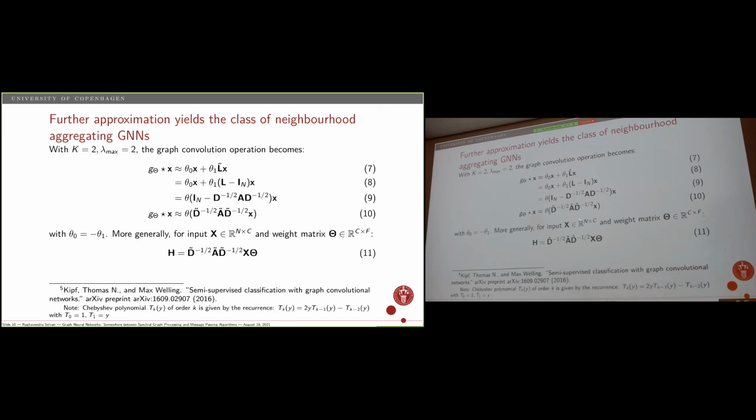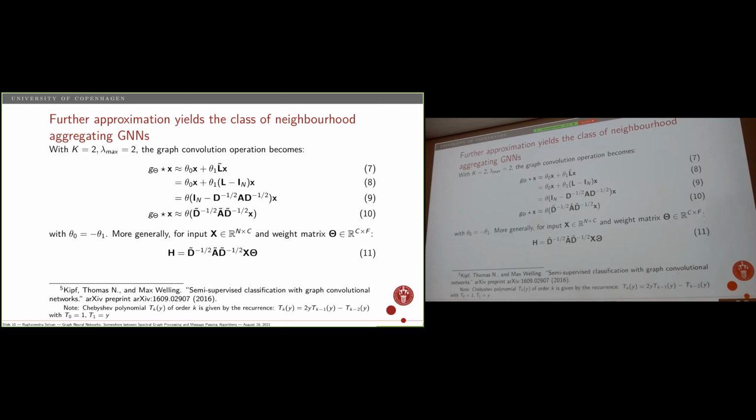So if you assume you have node features at input having C channels, and then you take your theta, which was just a single value, now we inflate it. For instance, you go from the C features, like you would in a convolution operation, from an input feature dimension to an output feature dimension. If that is F, we end up with this propagation rule. Now, what is this here?